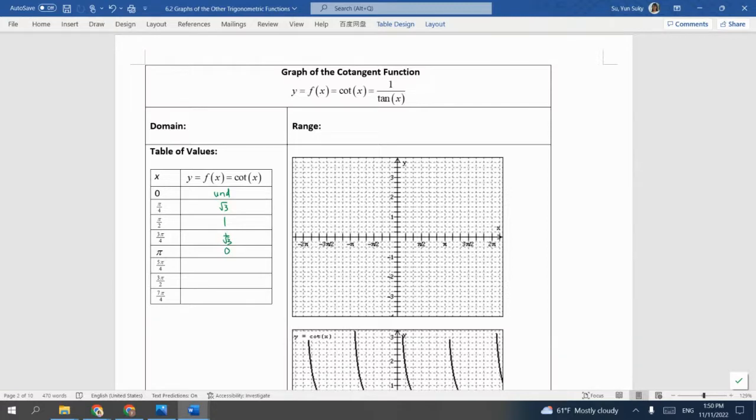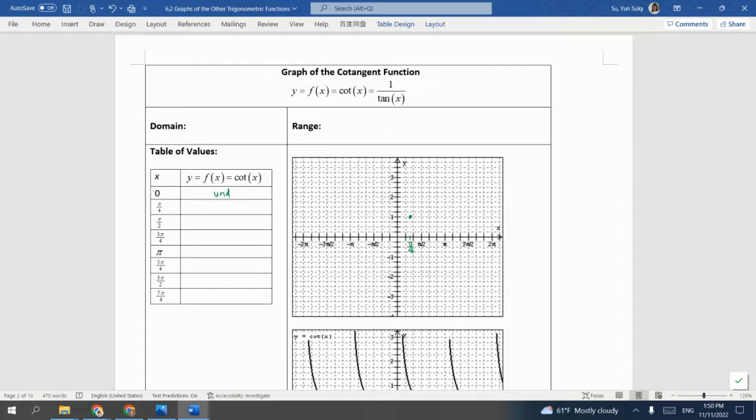So pi over 4 right here is at 1. Pi over 2 is, I see. Okay, because whatever I wrote down is for 0, pi over 6, pi over 4, pi over 3, and then pi over 2.